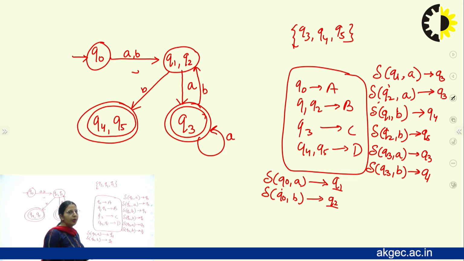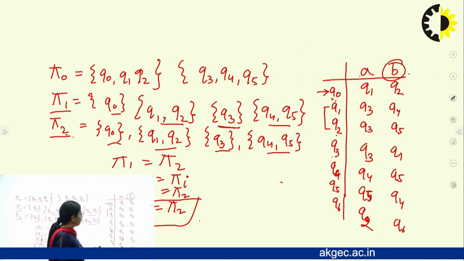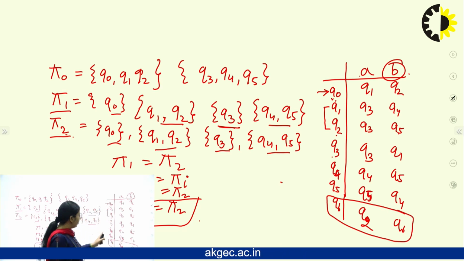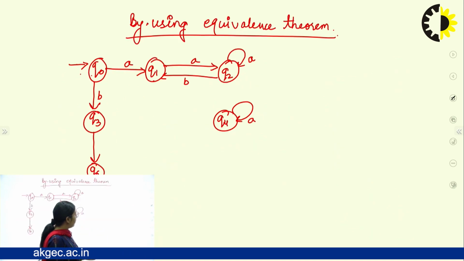Now moving towards the next state, that is Q4 and Q5. Why we are not considering this state, I will tell you later. Let's see the transition for states Q4 and Q5. So, for state Q4 on A, it goes to Q4.